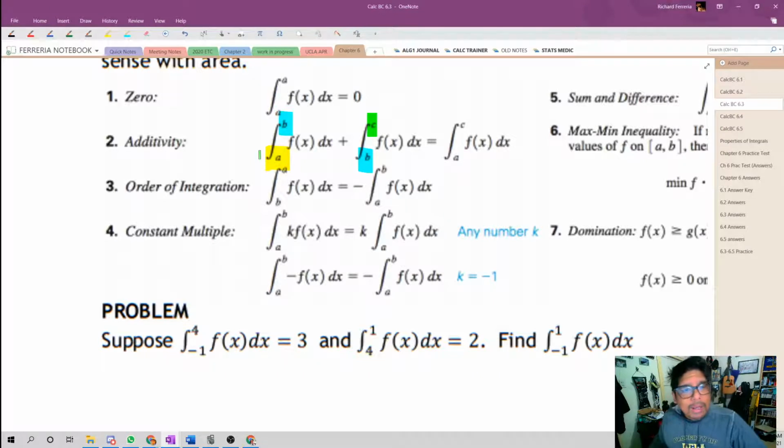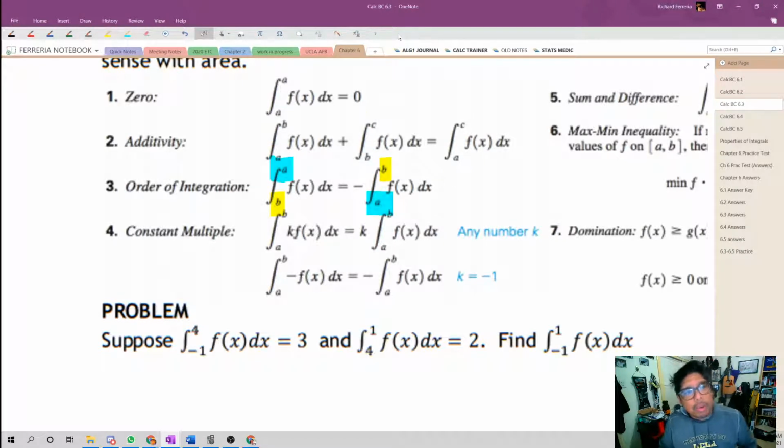Well, if you put that all together, you should just get the integral from a to c of the same function. And that kind of makes sense because you find the first area from here to here, and then you find the second area from here to here, add them together, and you get the area from here to here. So that's how the additivity works.